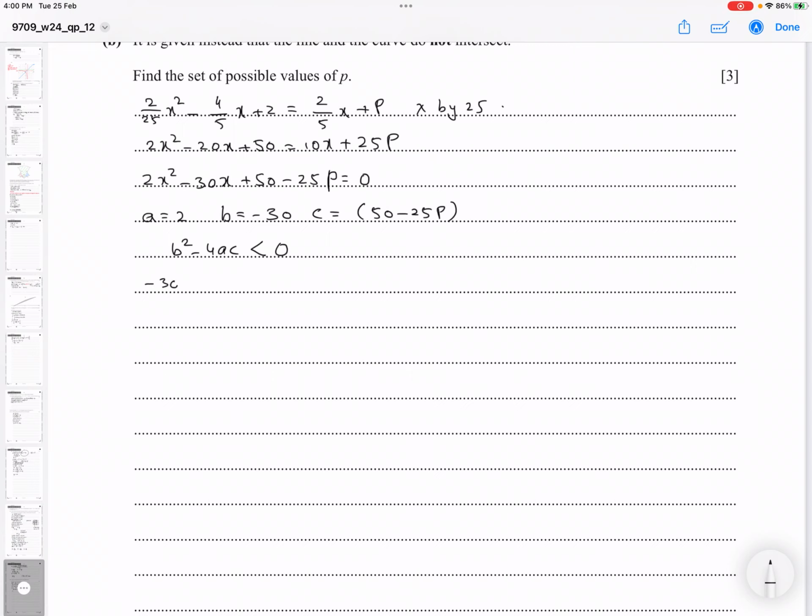So minus 30 squared minus 4 times 2 times (50 minus 25p) less than 0. So this is 900 minus 400 plus 200p less than 0. From here, your p is less than minus 5 by 2.